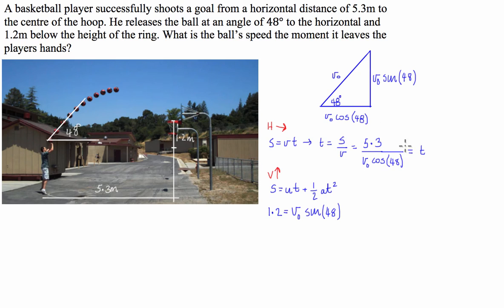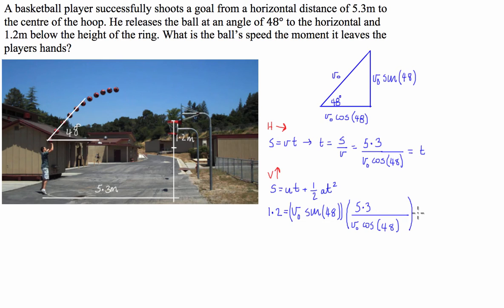We already have an equation that links time and the initial launch velocity, so I would just put that straight in. Let's put this one in brackets just to make it easier to see. The time in terms of our initial launch velocity is 5.3 divided by V0 cosine 48.